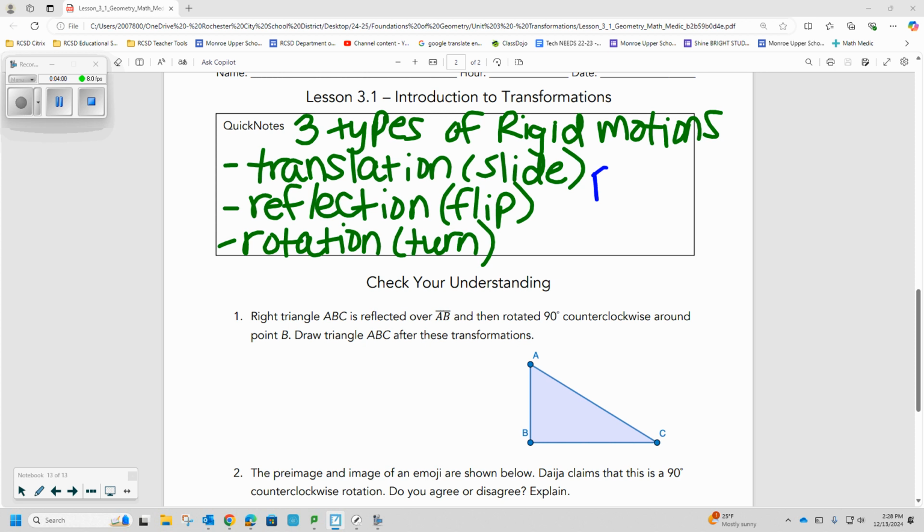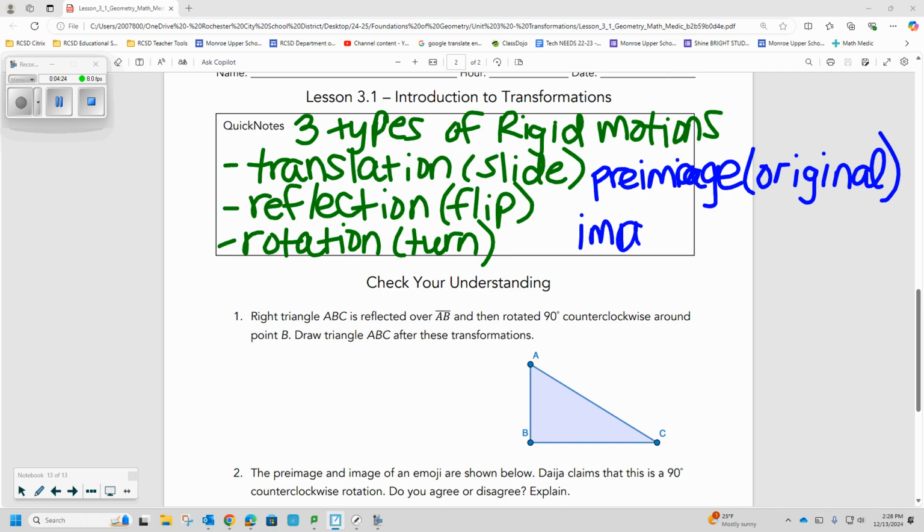We want to know that a pre-image is the original, and the image is the final spot that the figure ends up. So the original is the starting point, and then the image is the ending point or the final point.